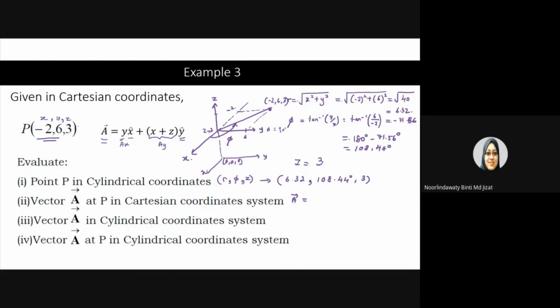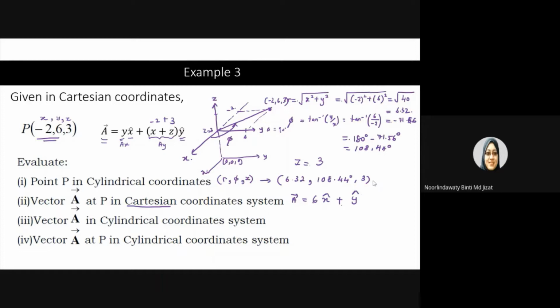Okay, so you just refer to your Cartesian, no need to change anything. So this one is your 6x, plus x plus z, which is -2 plus 3. So you get 1, so y.